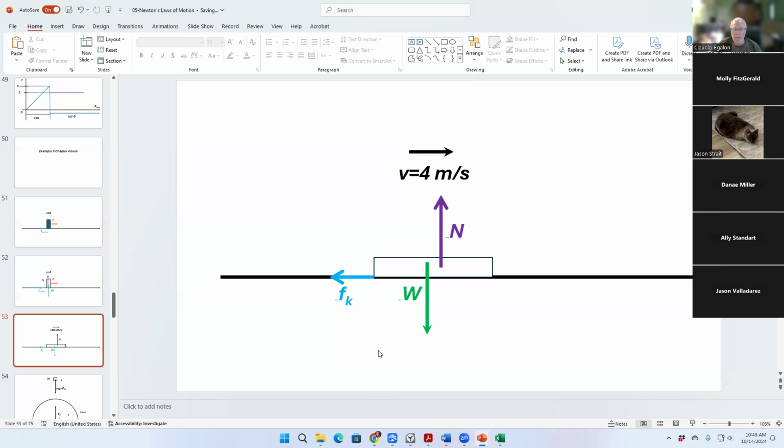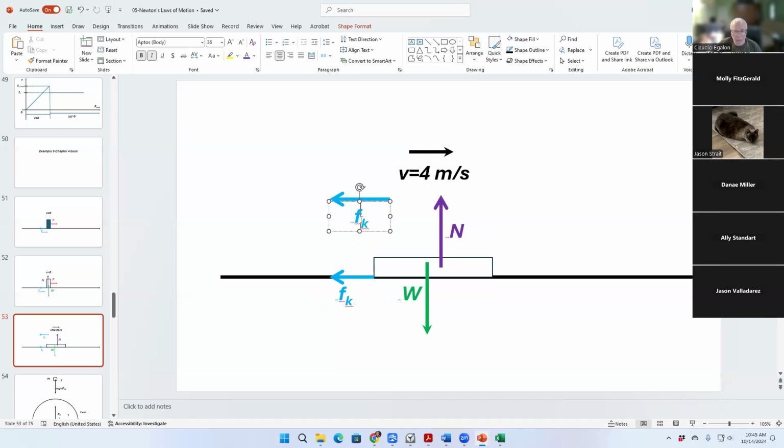So little by little, this guy is going to lose speed. Because we do have a force of kinetic friction, we must also have an acceleration in the opposite direction.